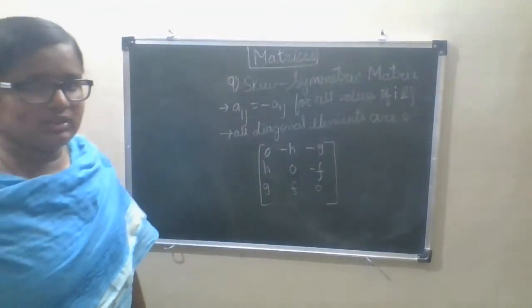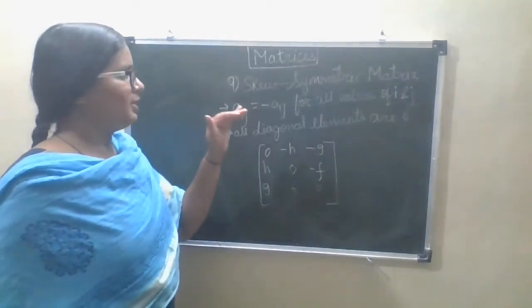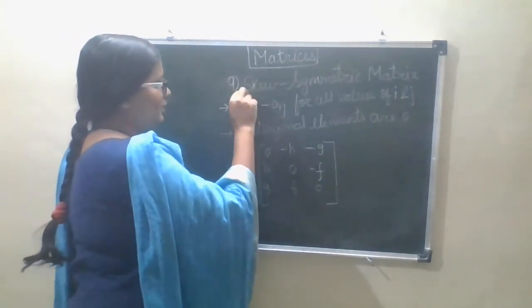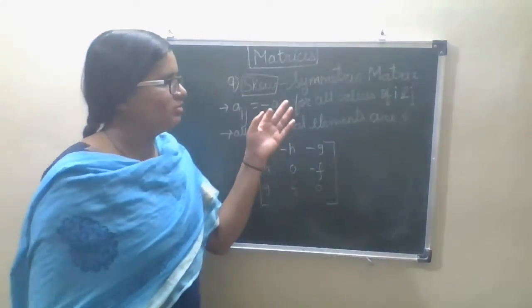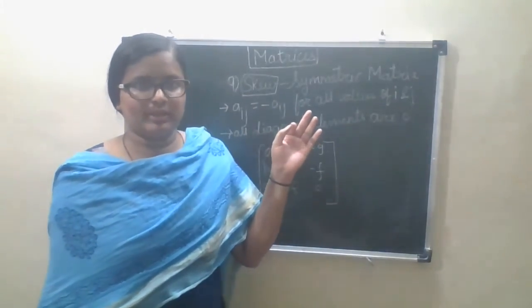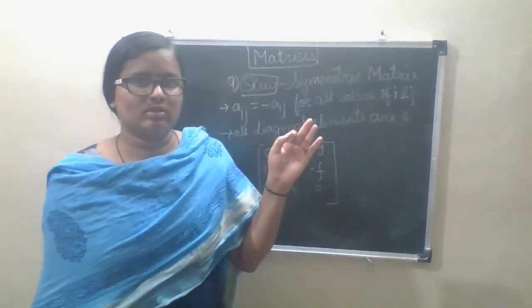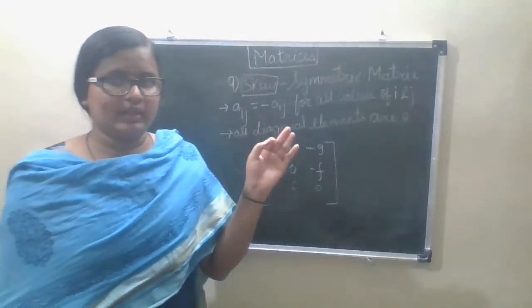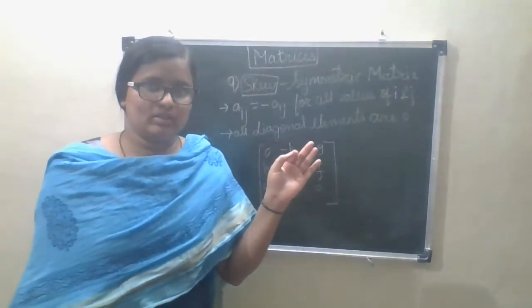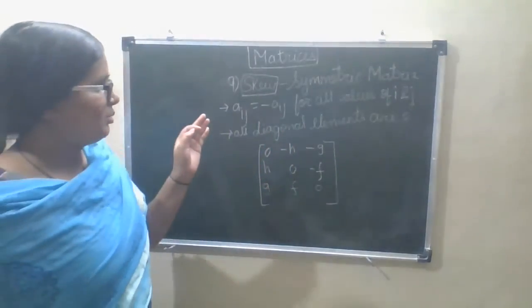Now we will see the skew symmetric matrix. Earlier we saw what a symmetric matrix is. Now we will see the skew symmetric matrix.